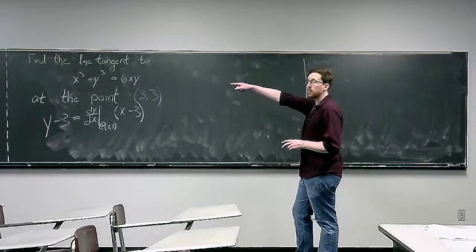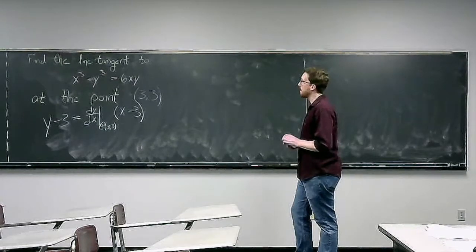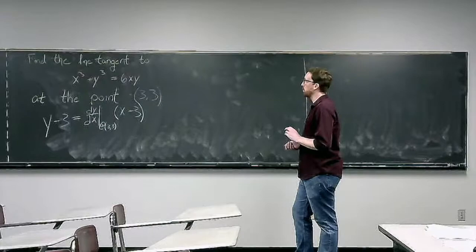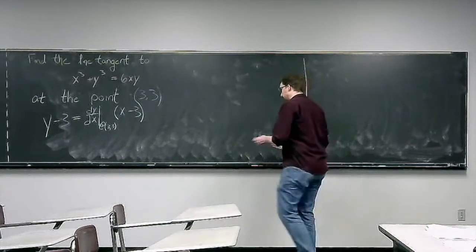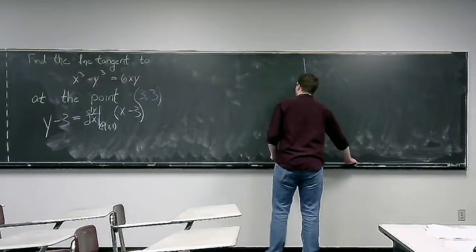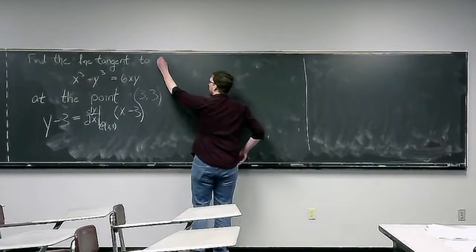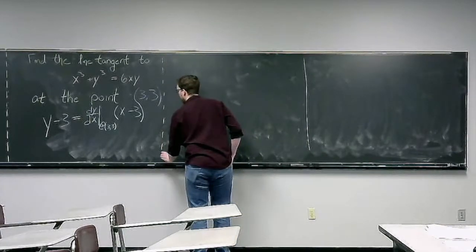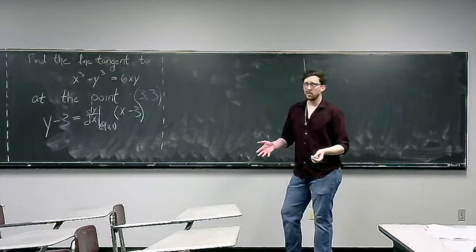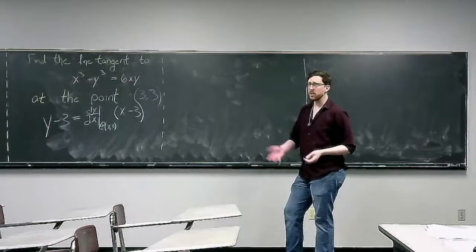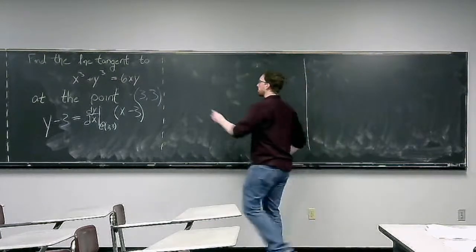Okay. So that means we need to find out what dy dx is. That means we need to take the implicit derivative of that. If that's the case, then all we really need to do is apply the derivative to both sides, apply chain rule, and do some rearranging of terms. So let's do that.